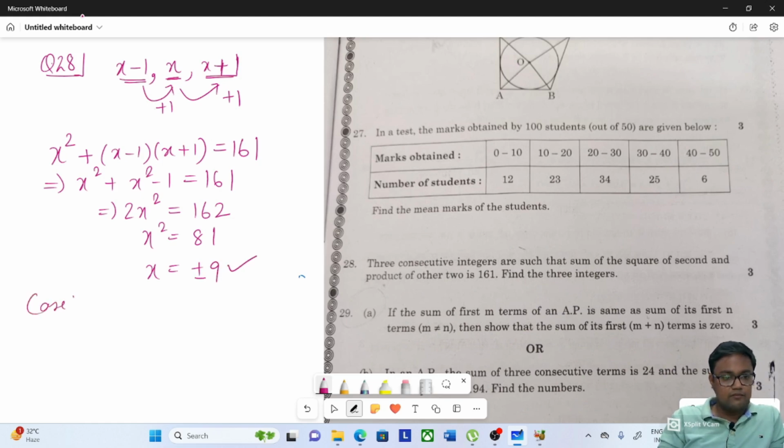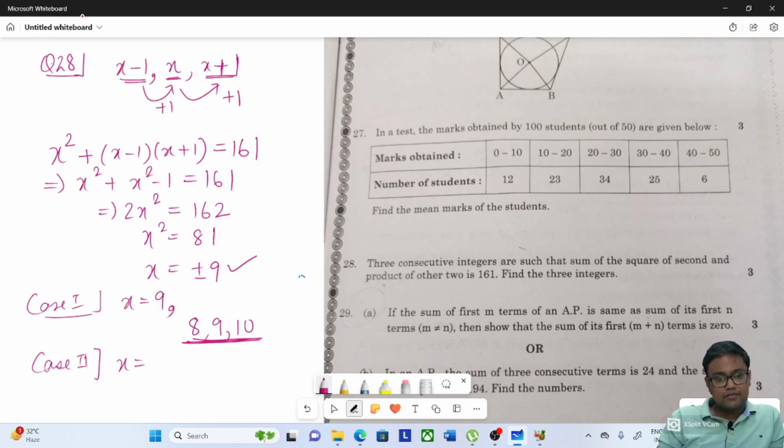Again case 1, when x is 9, then you can see the numbers are 9 minus 1, 8, 9 and 10, right. Again you can see the same sequence of numbers we have got: 8, 9, 10. Case second, when x is minus 9, so minus 9 minus 1, minus 10, minus 9 and minus 8.